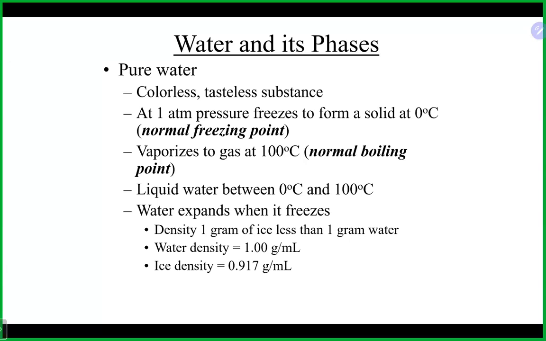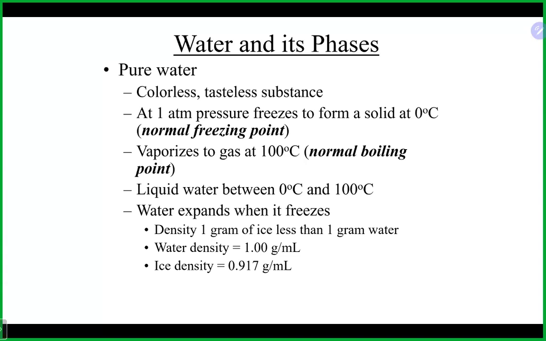It's not until you get a little bit below 0 degrees that you transition into ice, and not until you're above 100 degrees that you transition into gas. At exactly 0 degrees Celsius, you have ice crystals and some liquid water happening. And again, at 100 degrees, you have a little bit of liquid and some gas happening at the same time.